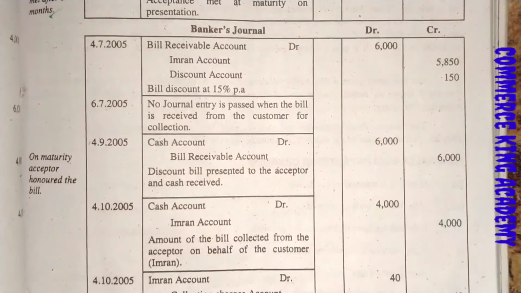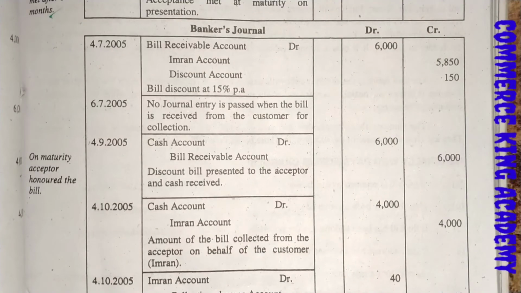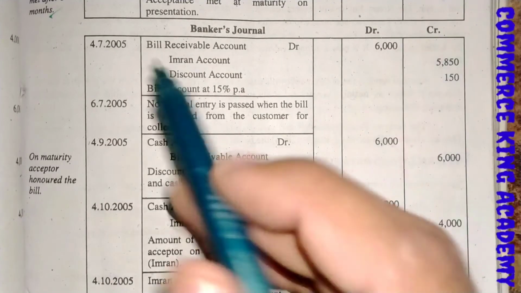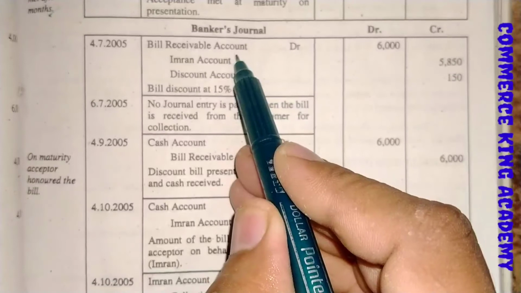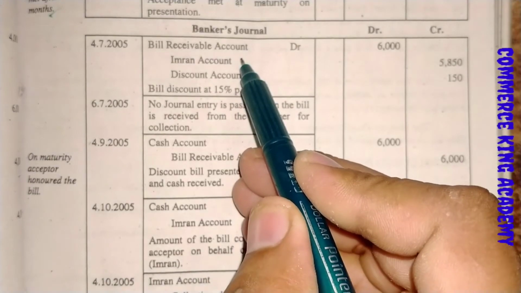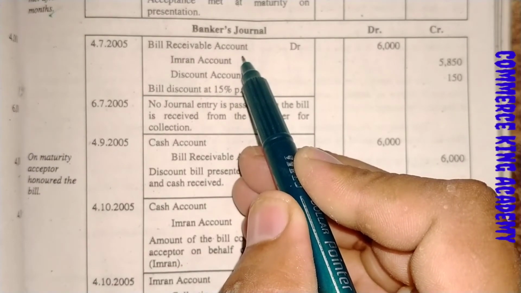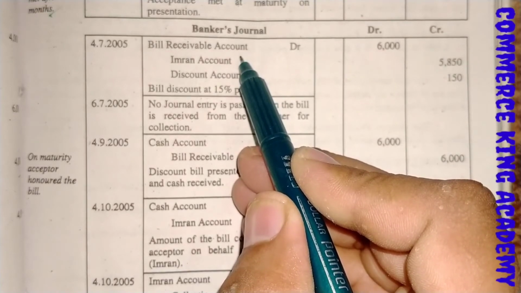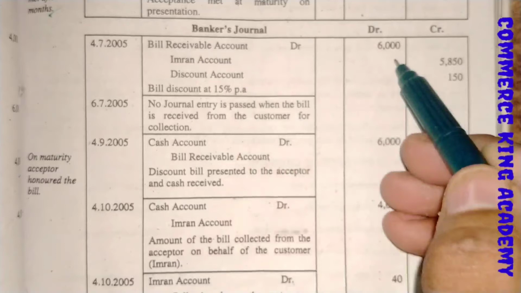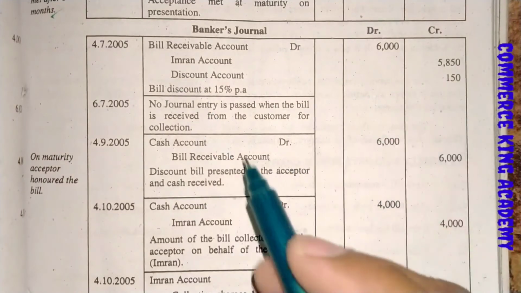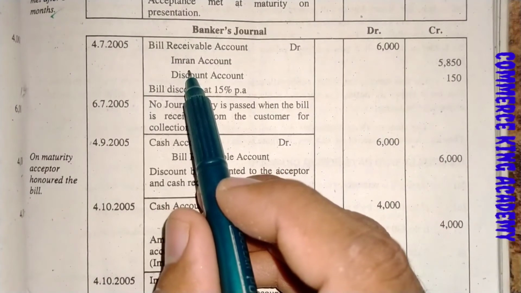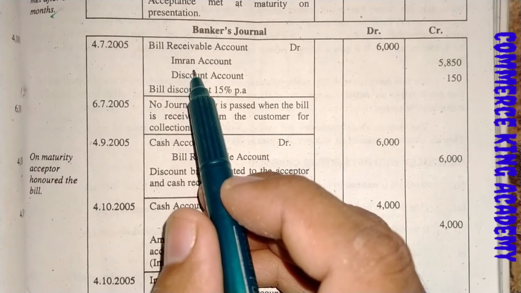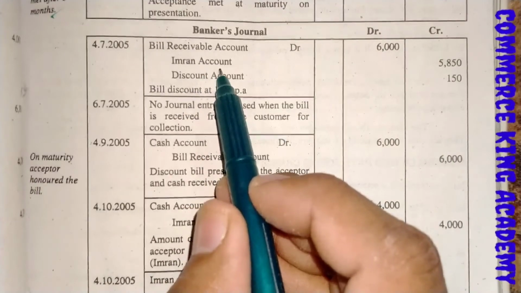The receivable account is debited for the bank, because the bank will receive this amount on a future date, after 2 months from the acceptor, Mr. Irfan, amounted 6,000 rupees, and gives to Mr. Imran, the drawer of the bill of exchange, at the spot when he got discount from the bank this amount.